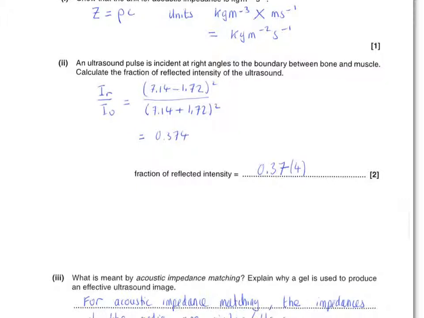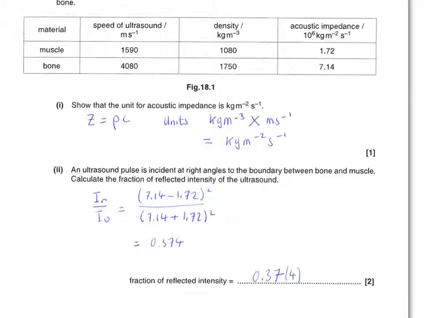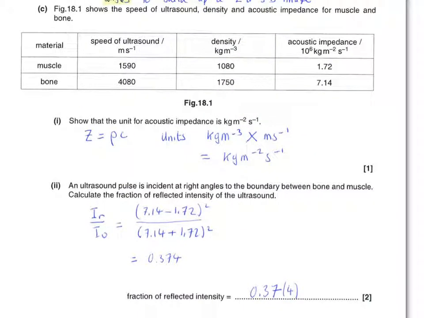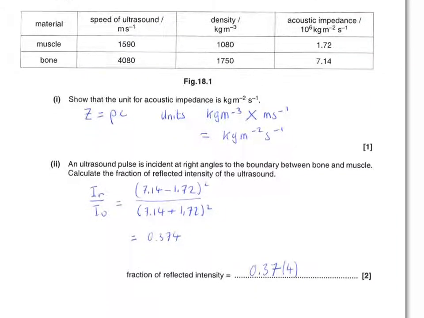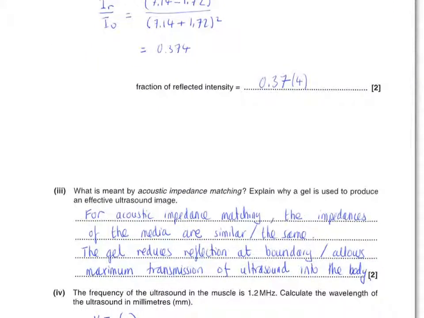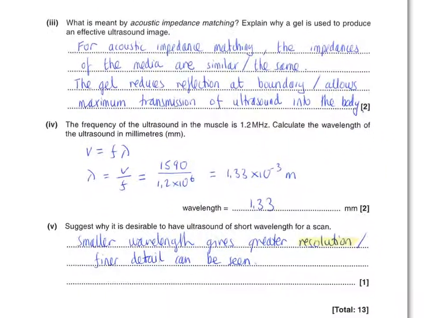So careful substitution, selecting the right values from the table. We were looking at bone and muscle, and selecting the acoustic impedances that we have here. Leads us to an answer of 0.37 to two significant figures. Notice there are no units because this is a fraction.